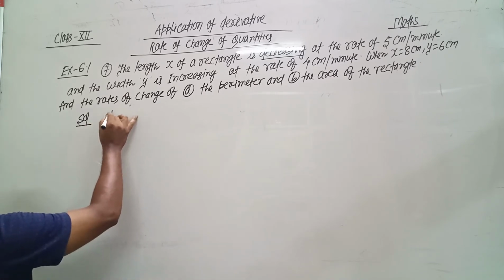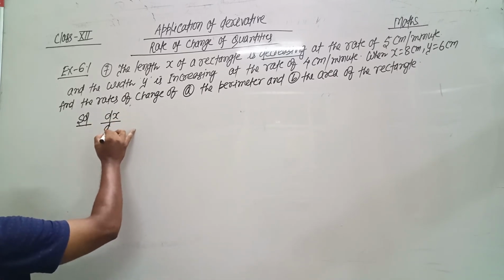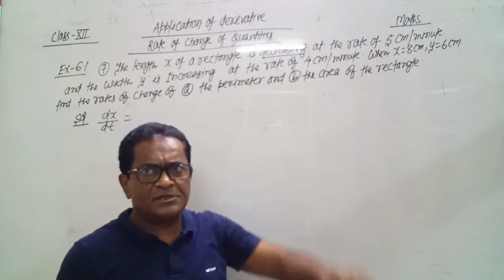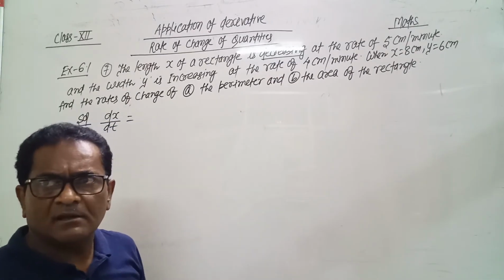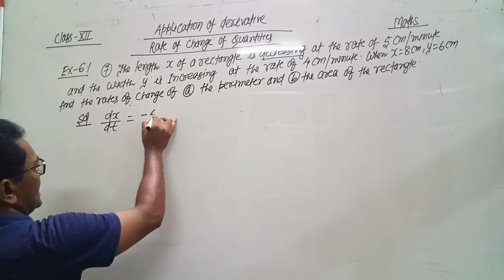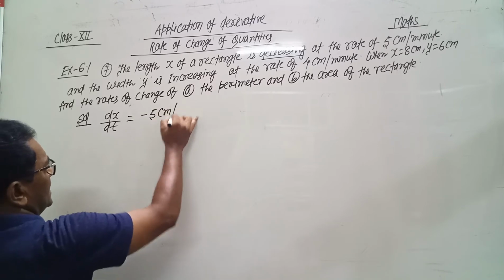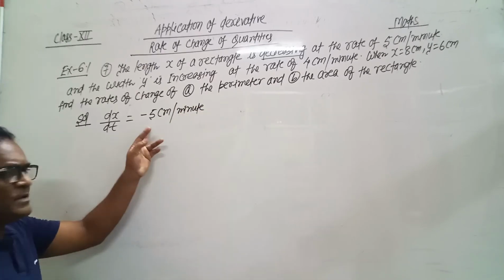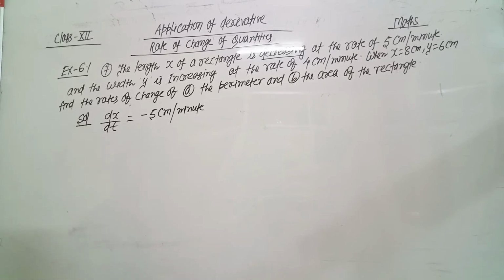Means we have given dx by dt, and since the word used is decreasing, for decreasing we use minus sign. This is minus 5 centimeter per minute. For increasing we use plus sign, and for decreasing we use minus sign.